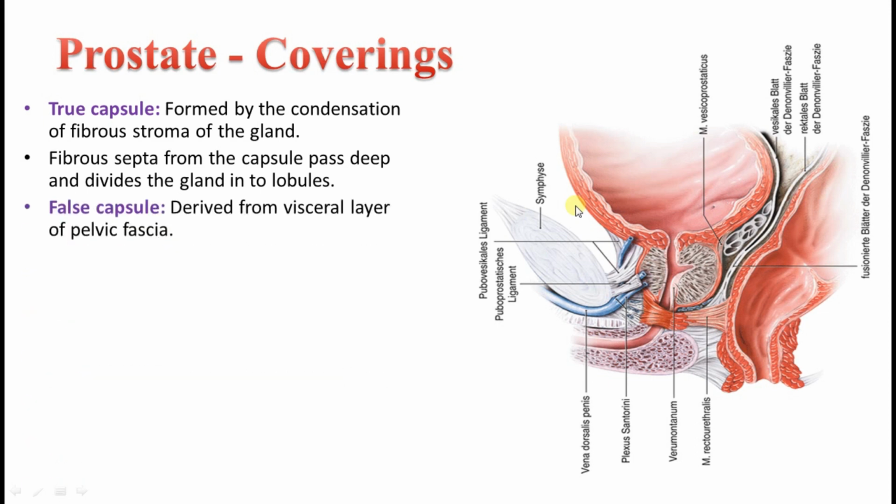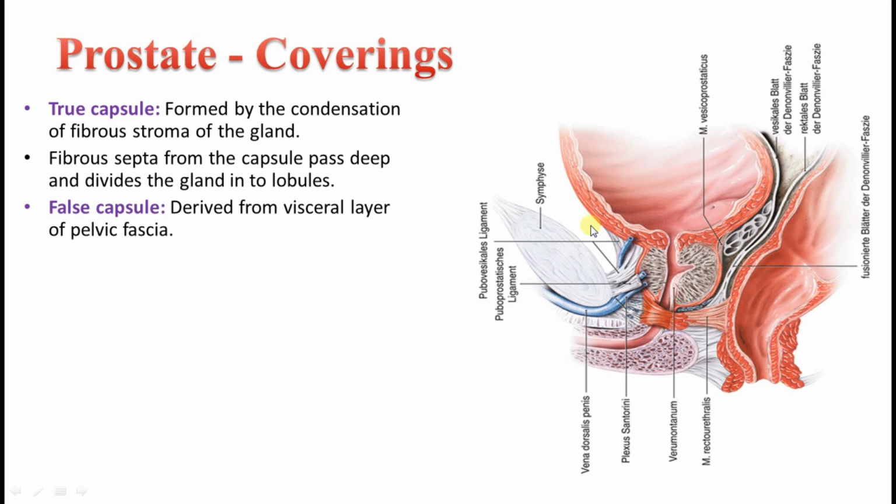It reflects as the visceral layer on the various viscera of the pelvic cavity: the urinary bladder and prostate in males, the uterus in females, and also the lower part of the rectum.